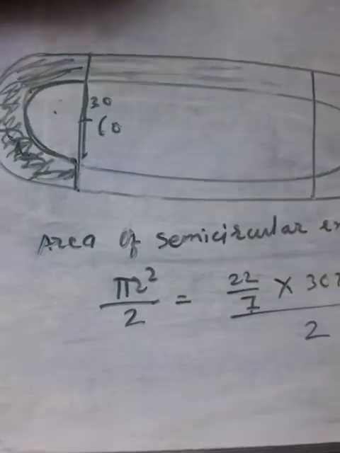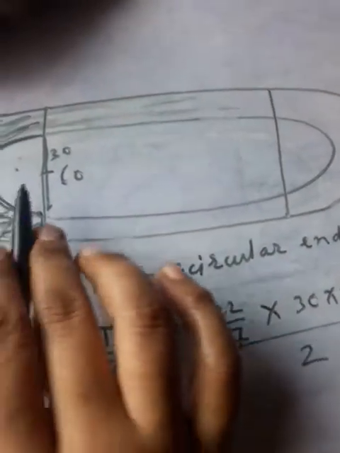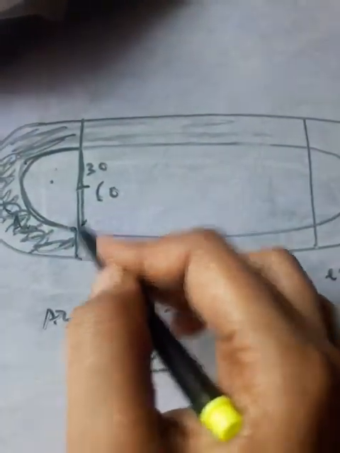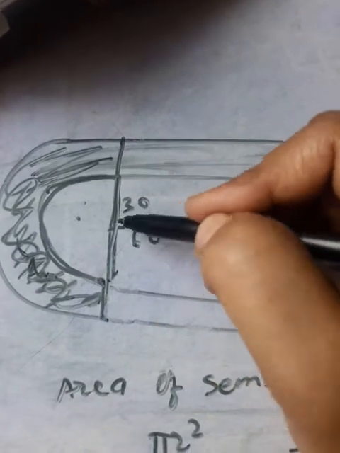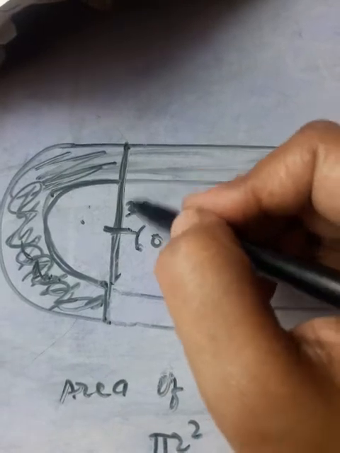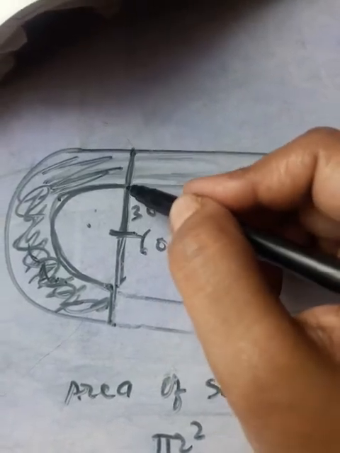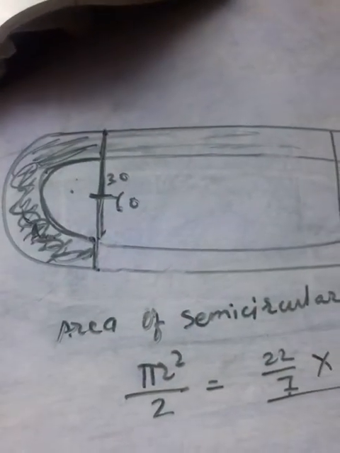Now the outer semicircular end has the radius of this 30 plus this 10. So the outer semicircular end has radius capital R equal to 40, that is 30 plus 10, because the racing track is 10 meter wide.